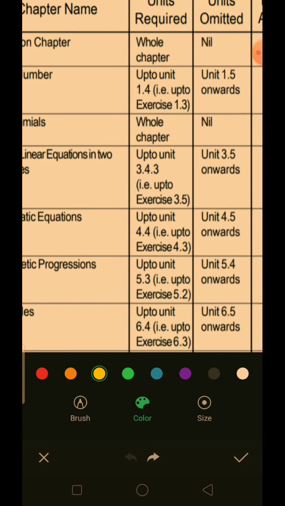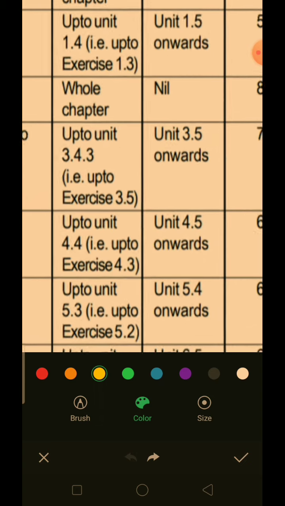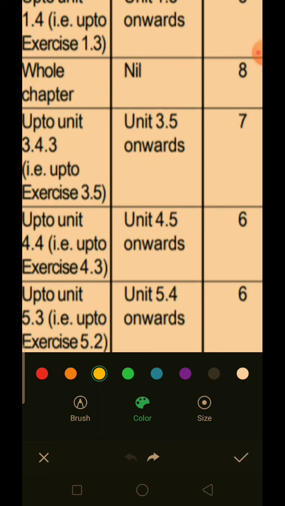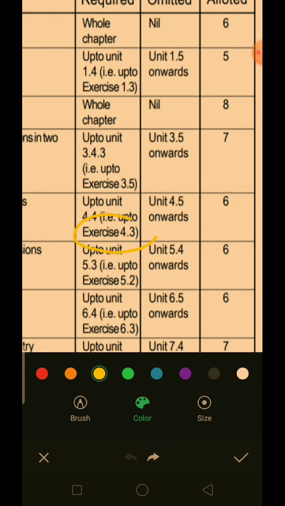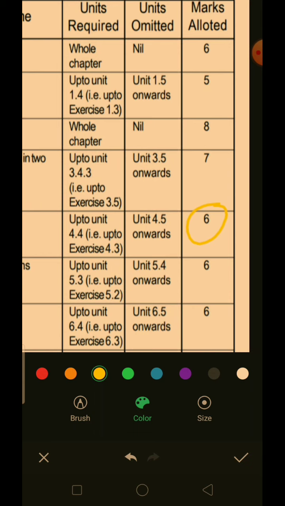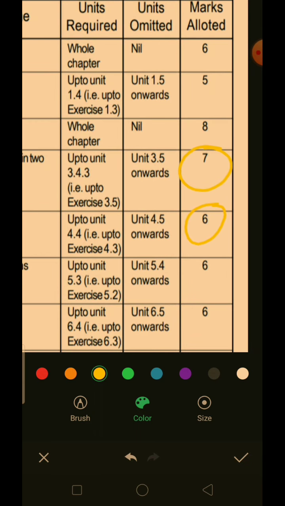It is up to unit 4.4 and everything within those units, and the exercise would be only up to 4.3. Unit 4.5 onwards would have to be left out, and any exercise beyond exercise 4.3 will be left out. That would carry for you 6 marks, and the previous one, linear equations, would carry 7 marks.